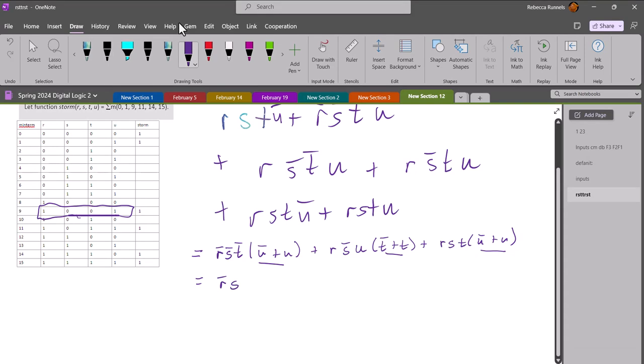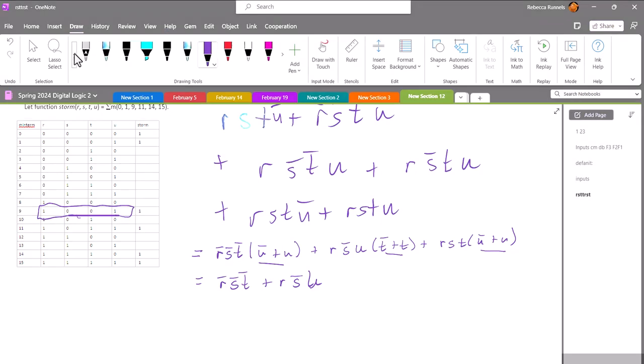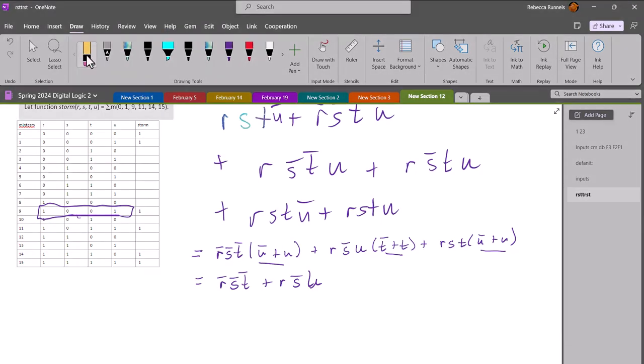So this is just R bar, S bar, T bar, plus R, S bar, U, plus RST.